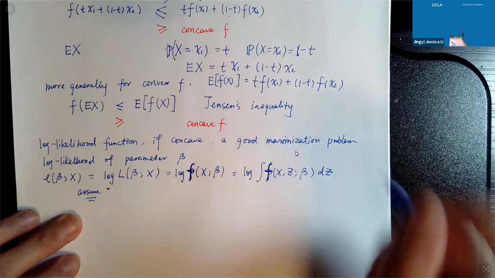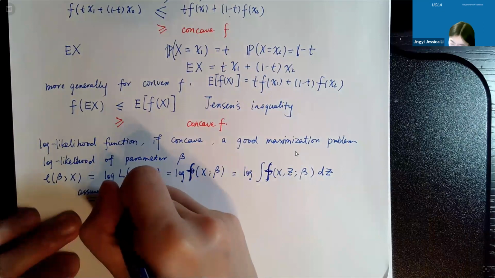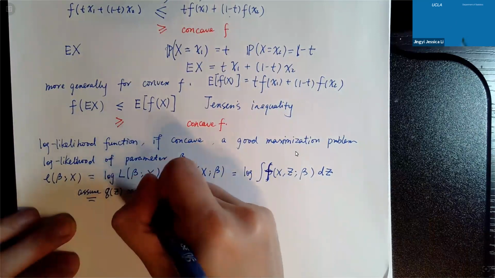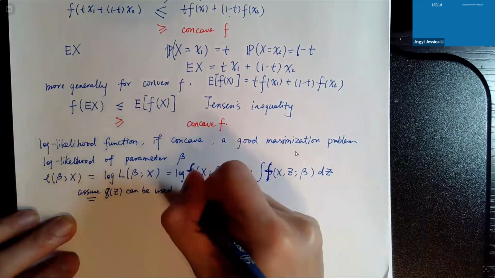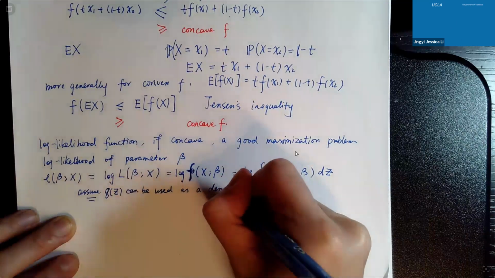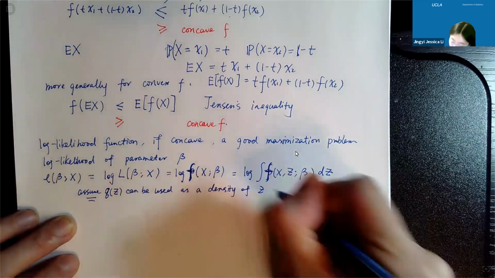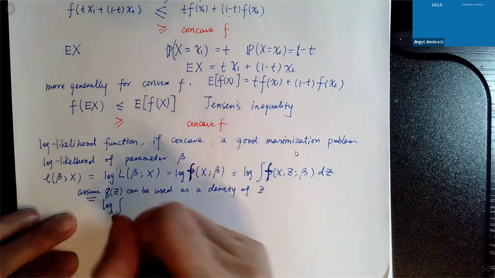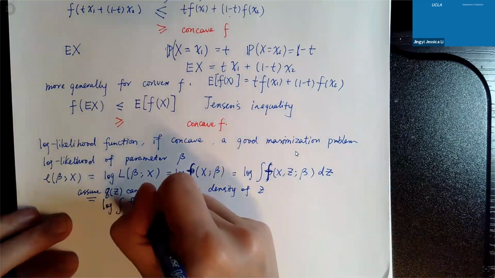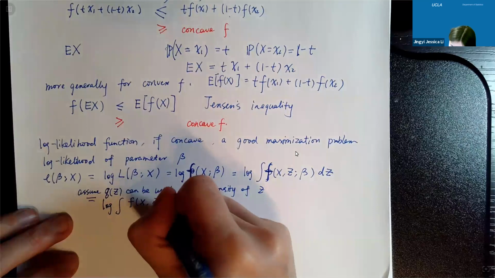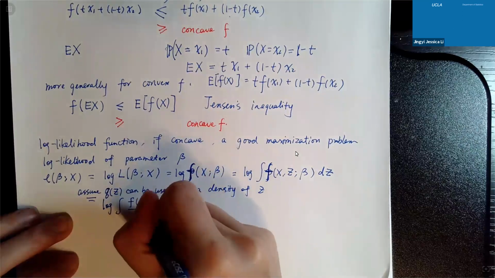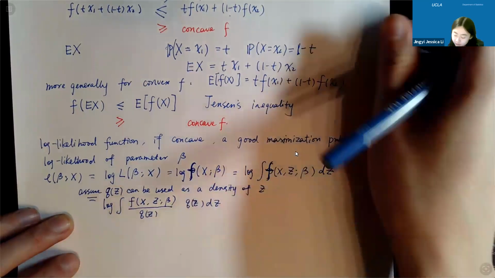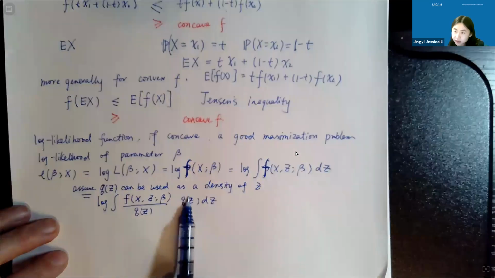Assume that we have q(z) that can be used as a density of Z. If we do that, then we rewrite this term as the log of the integral of f(x, z, beta) divided by q(z), times q(z) dz. I didn't do anything else. I just multiplied and divided by q(z), so it stays the same.